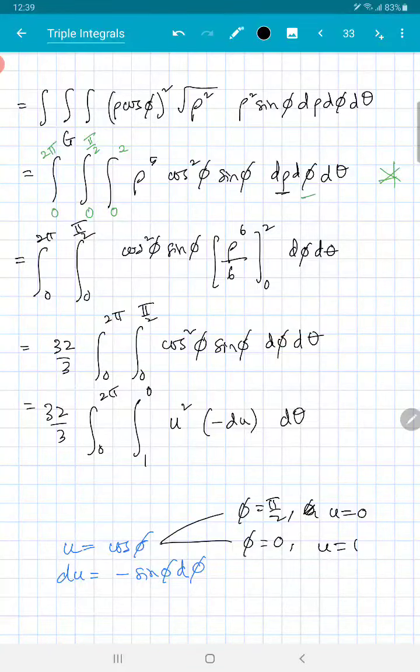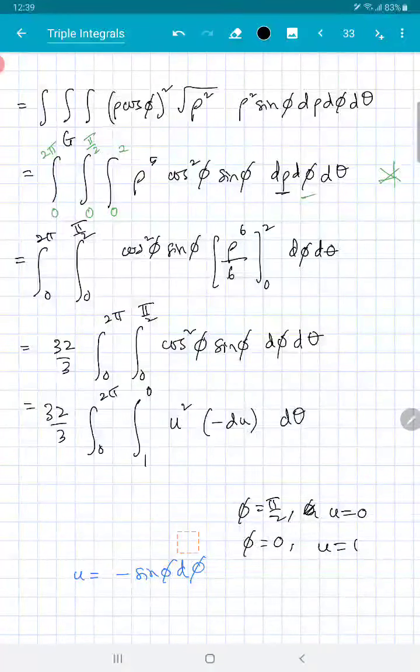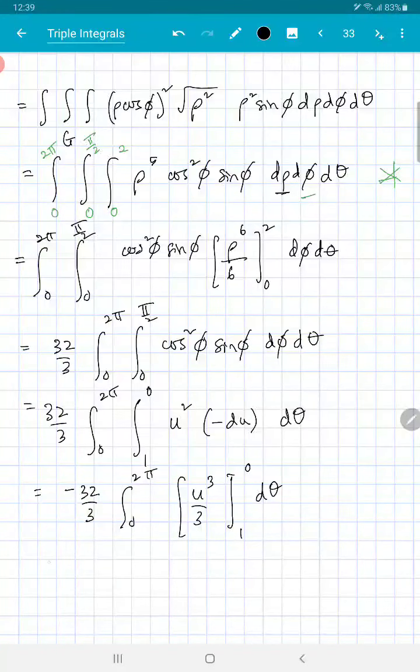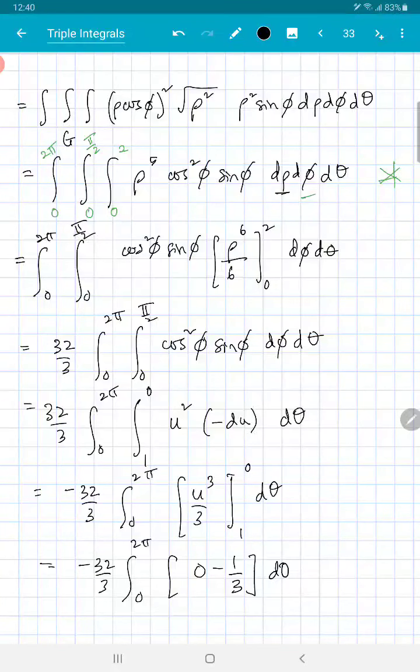I think I need more room. Let's erase this bit here. Integrate u, and if you don't like the negative, we can put it here. And here we have 2 pi. Integrate u squared, we get u cubed over 3 from 1 to 0. So that will give you negative 32 over 3, 0 to 2 pi, times 0 minus 1/3, and then here we have d theta.